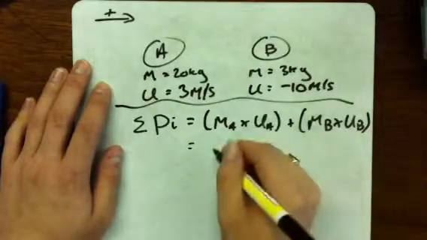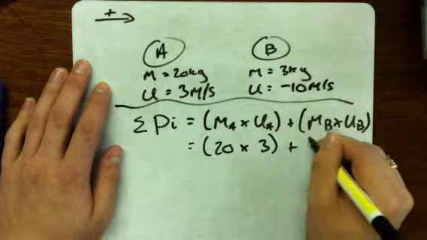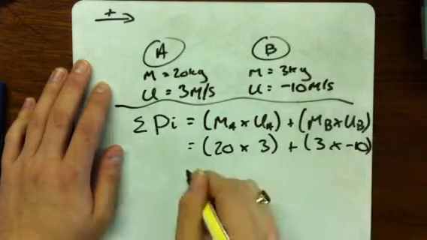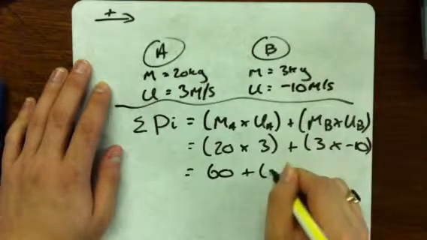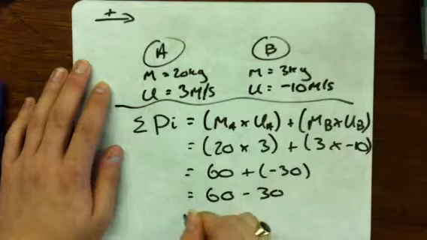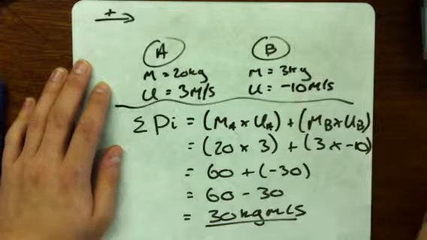Quite simple. So that equals 20 times 3 plus 3 times minus 10. Now if we work that out, we get 60 plus minus 30, which is the same as 60 take 30, which is 30 kilogram meters per second.